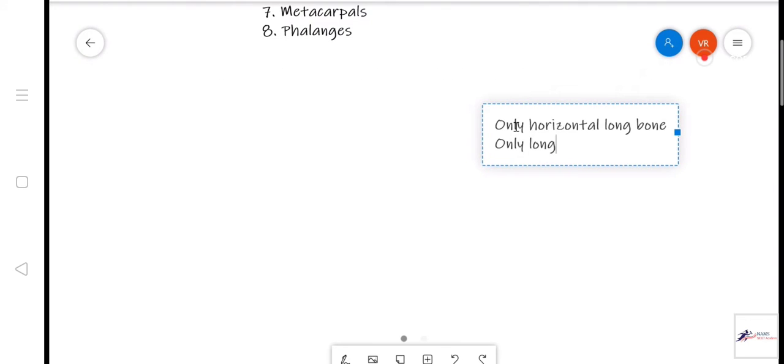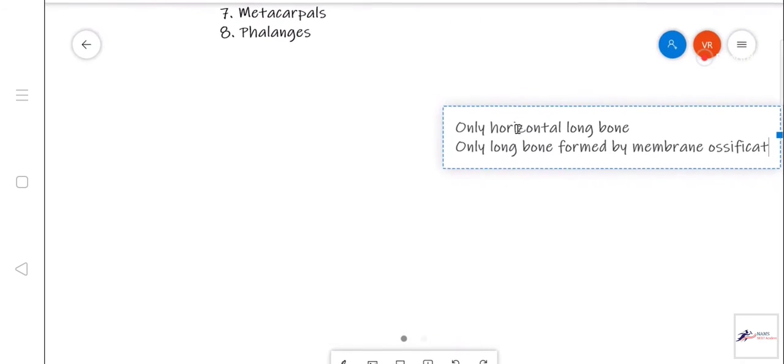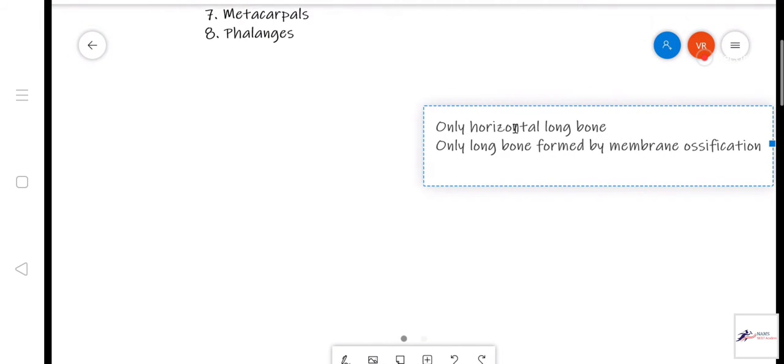This is the only long bone formed by membrane ossification. And also its fractures are never fixed by internal fixation.